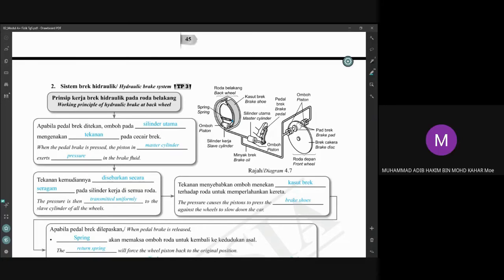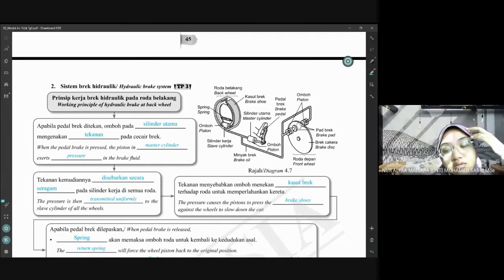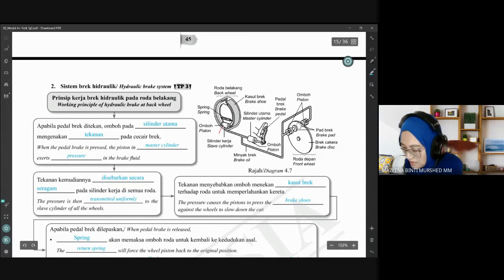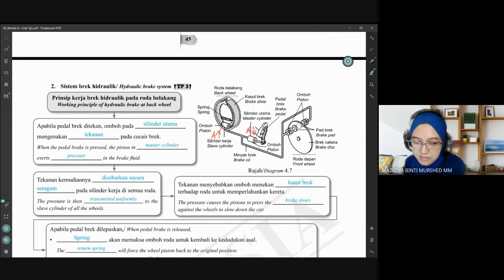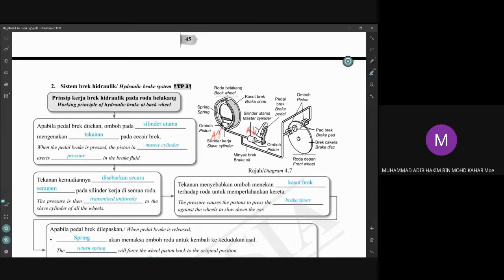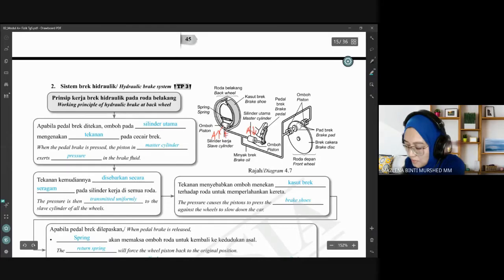Yang slave. Yang slave besar. Yang dekat master dia kecil. Sebab apa? Dia nak hasilkan force yang besar. Yes, because they nak produce larger force.